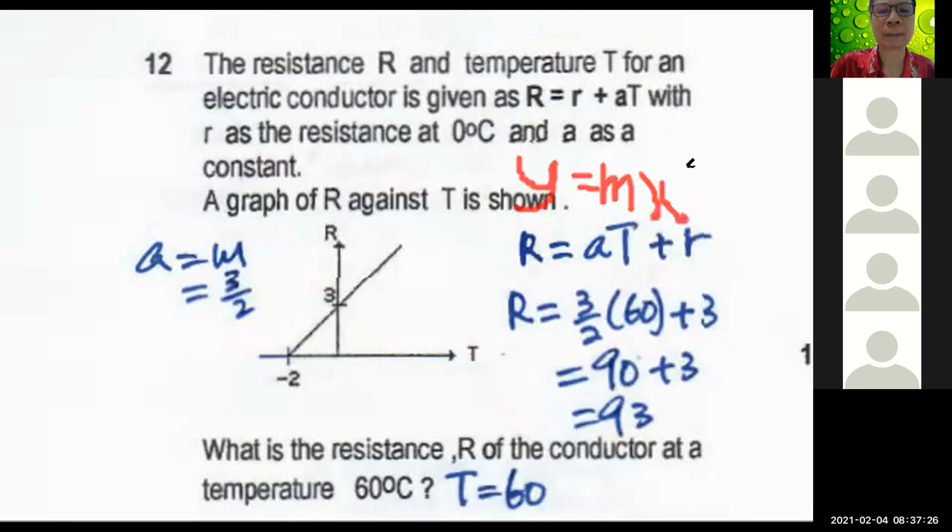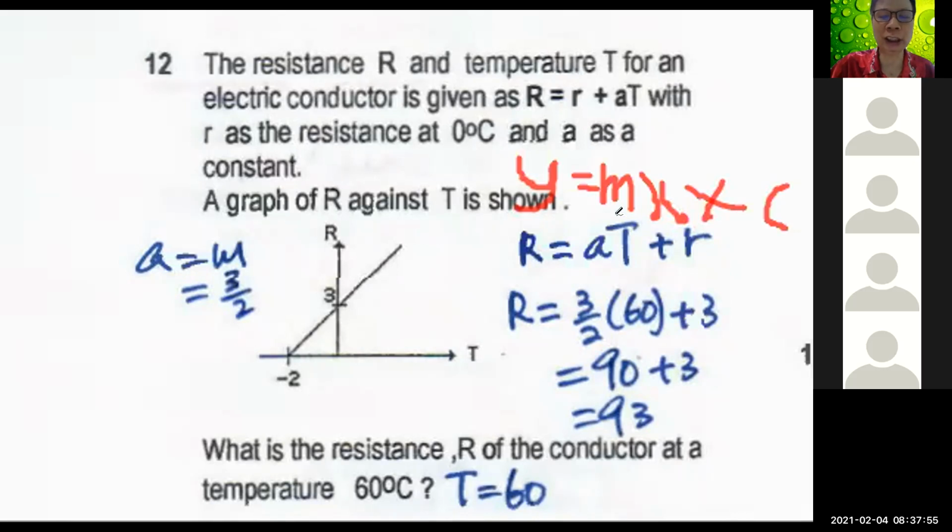So y is R, x is T, correct. So A is the gradient, which you can find from here. The gradient is 3 divided by 2. This gradient is positive, so ignore the negative. So it's 3 divided by 2, and you put here 3 over 2.